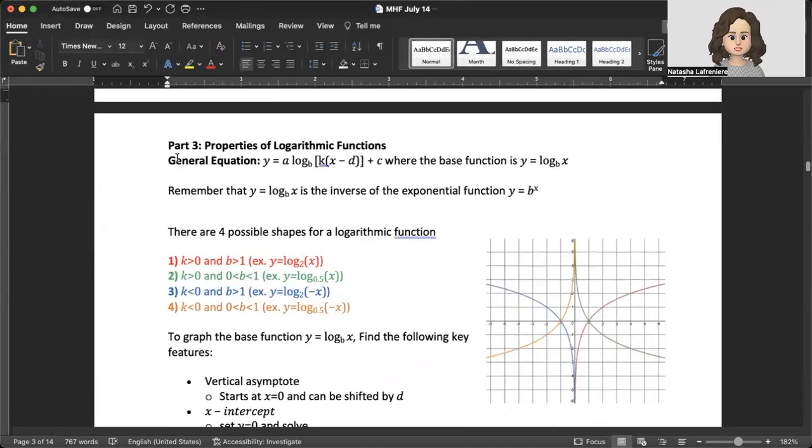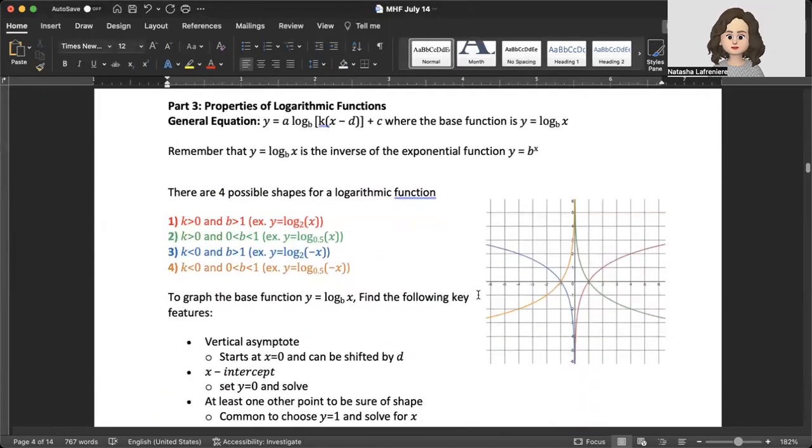Okay, so we've got properties of logarithm functions. So you've got your general equation of a log to the base b of k times x minus d, plus c, where the base function is log base b of x. So remember that log base b of x is the inverse of the exponential function b to the x. So there are 4 possible shapes for the logarithmic function.